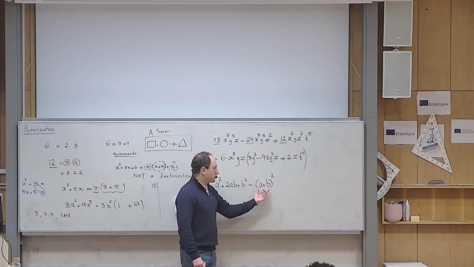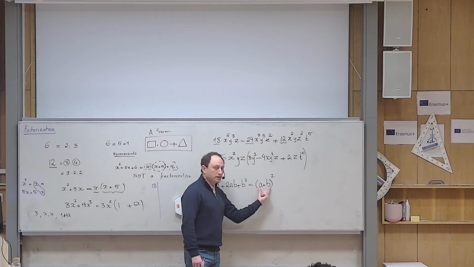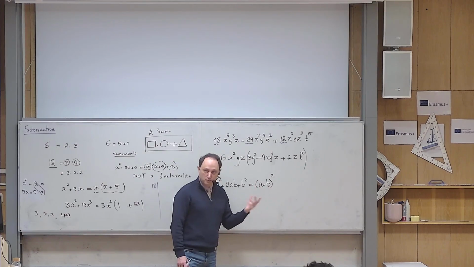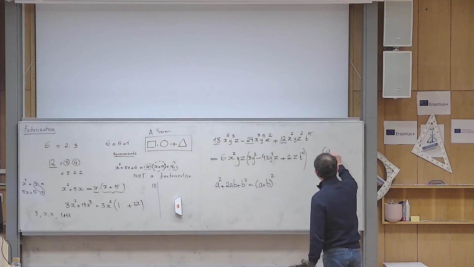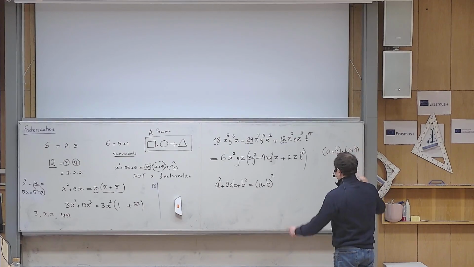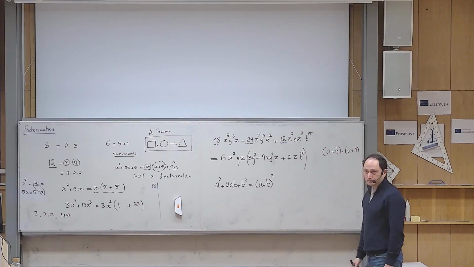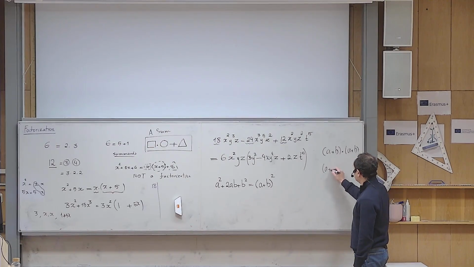I want you to understand, first of all, this equality is true. Second of all, the right-hand side is a product. Why? Because a plus b to power 2 means a plus b times a plus b, that I have written in this form. Yes? For example, let me ask you another question. Do you think this is factorized form or not?